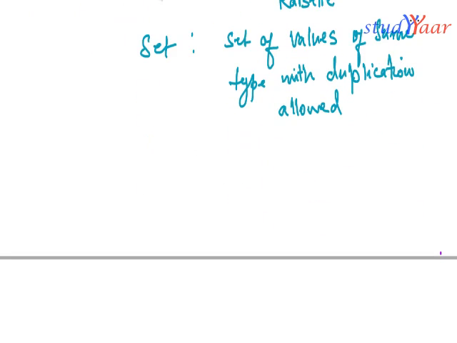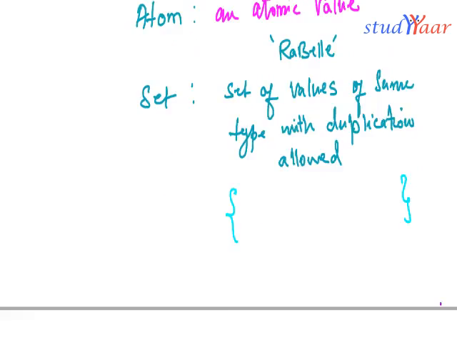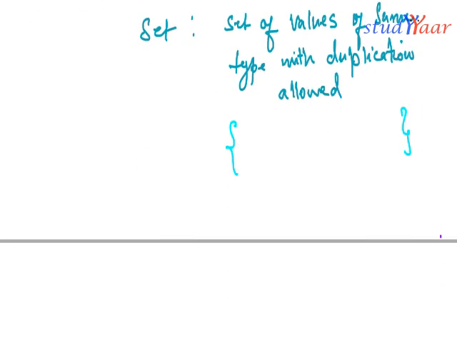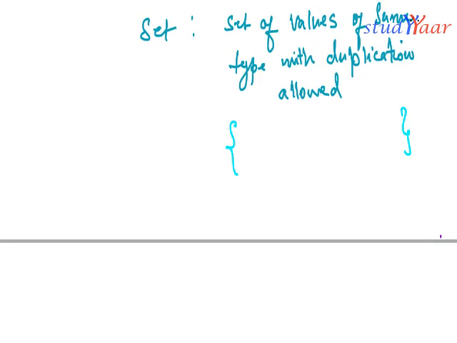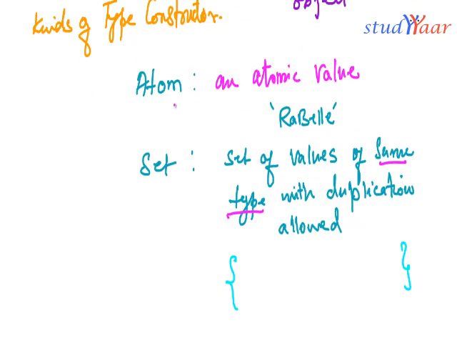A set can be a collection of atomic values, or it can be a collection of different complex objects. The same type we are saying, this type can be an atom or any other kind of type constructor.